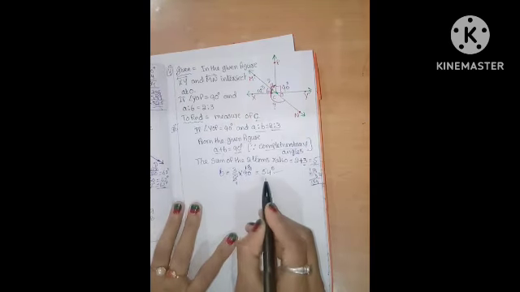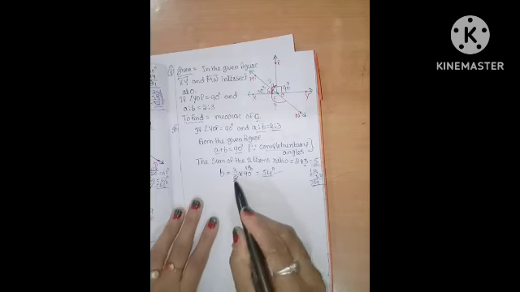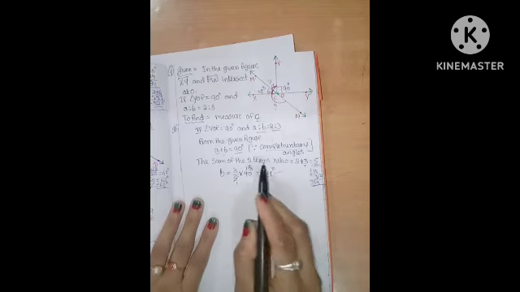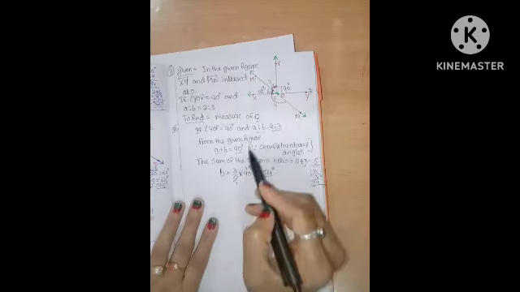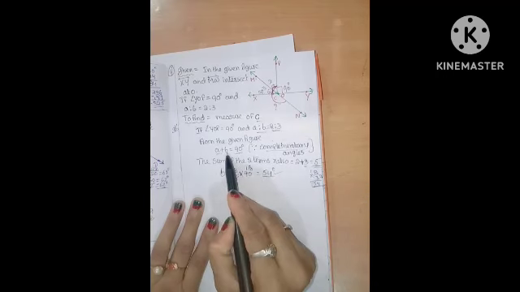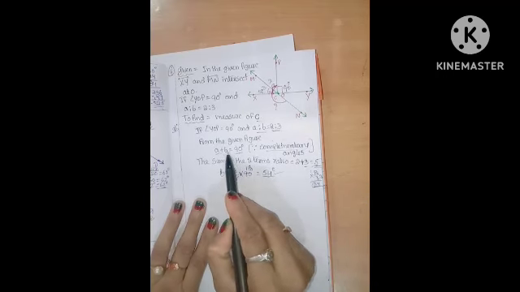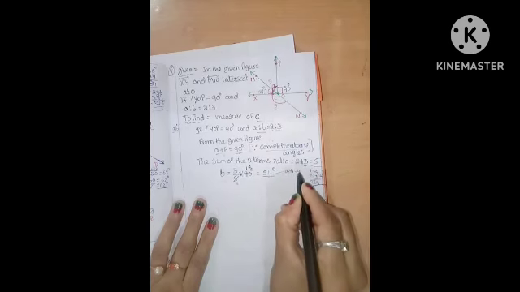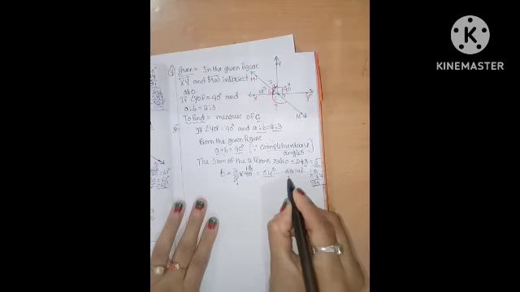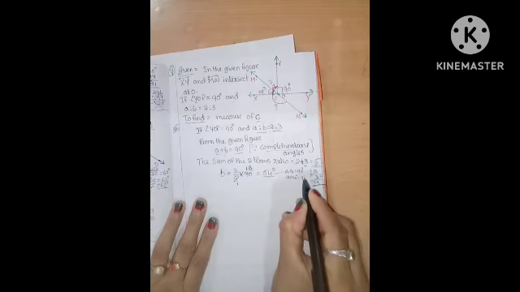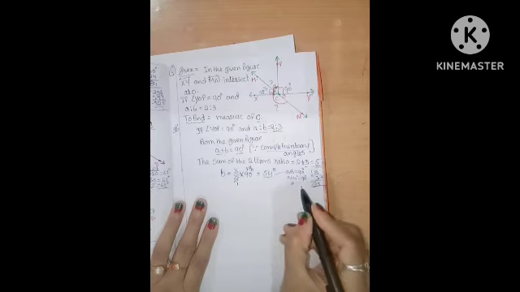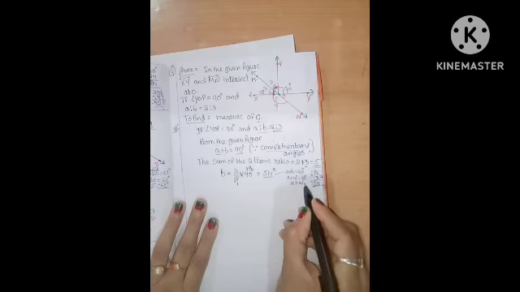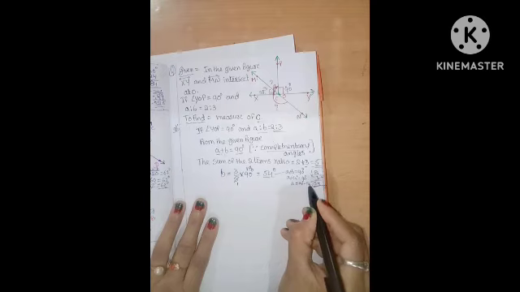B value is 54 degrees, and here A plus B is 90 degrees. Substituting the B value, A plus B equals 90 degrees, where B is 54 degrees. So how will you calculate the A value?